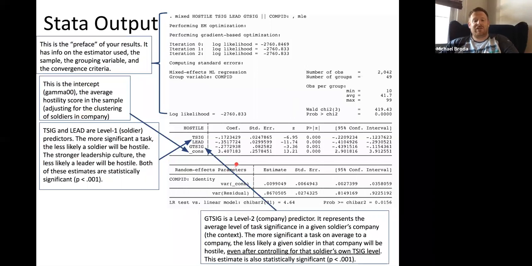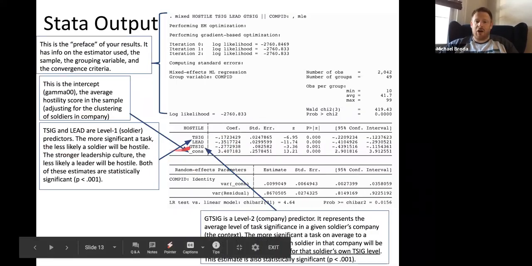That average hostility score is a 3.4. I'm not entirely sure what that means. I don't remember the descriptive statistics. I think it's maybe a 1 to 6 scale or something like that. So the average hostility is somewhere around a 3. I hope it's not a 4, right? That would mean people in general are pretty hostile towards the mission. But that's essentially what that means. That's the average hostility score in the sample.